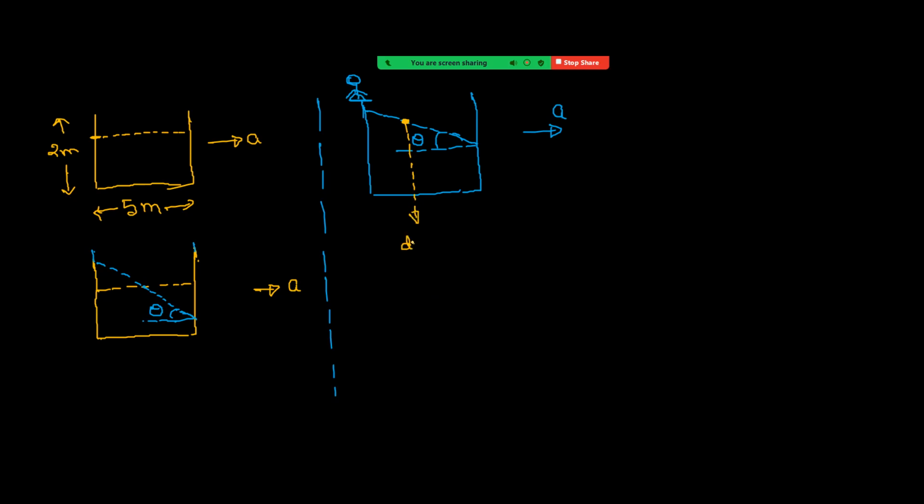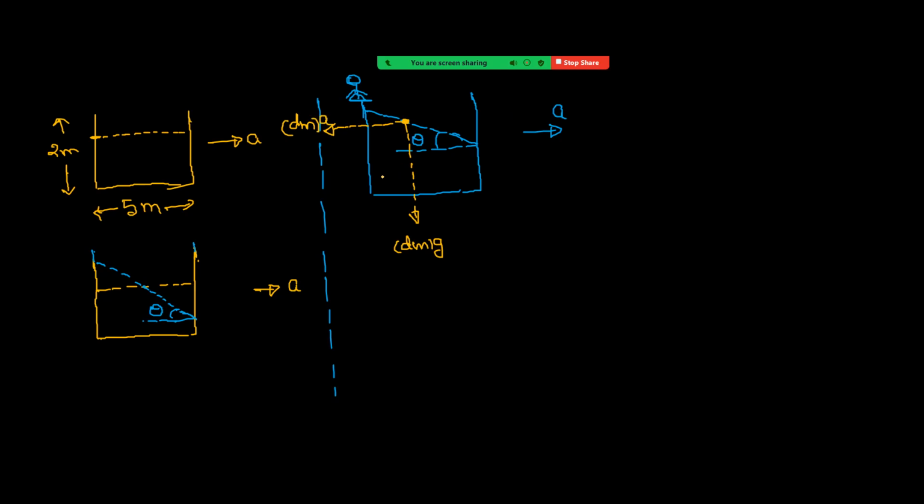It is its mass dm into g, mg downwards. Since acceleration is now to the right side and we are solving with respect to the vessel, we have to take the pseudo force, that is dm into a. It is dm into a.